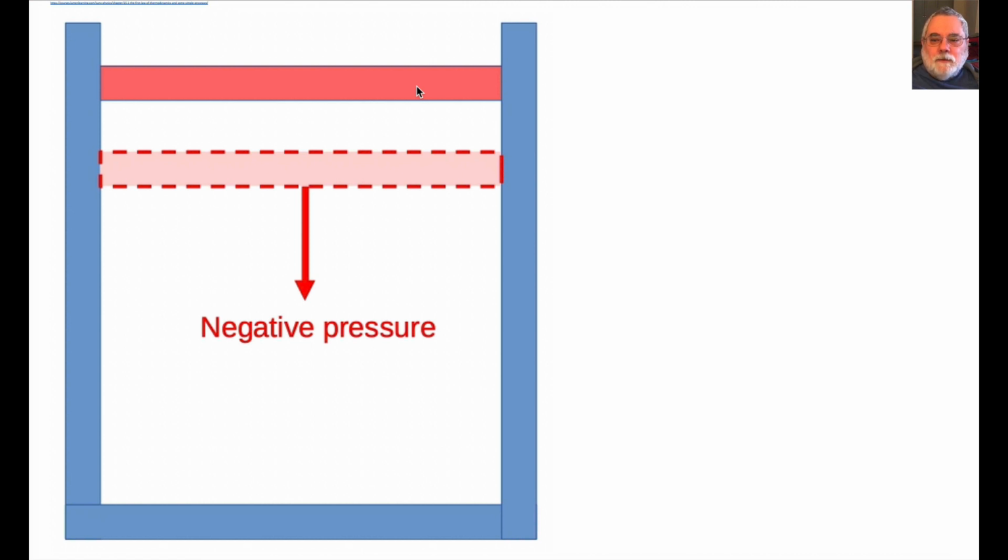For the negative pressure of dark energy, or the cosmological constant, the total energy inside the cylinder increases as the volume increases. The cosmological constant is a constant energy density that never changes. The total energy inside the cylinder is the energy density times the volume. As the volume increases, the total energy increases.